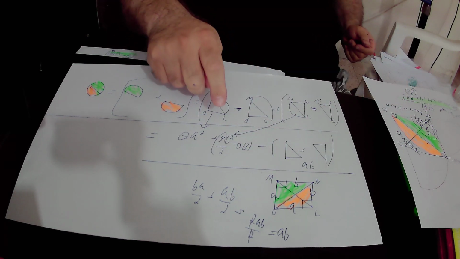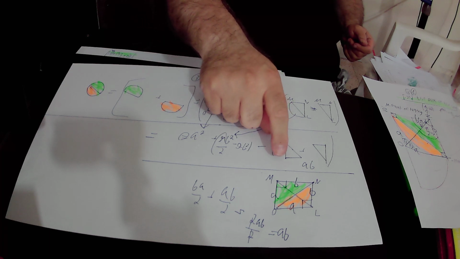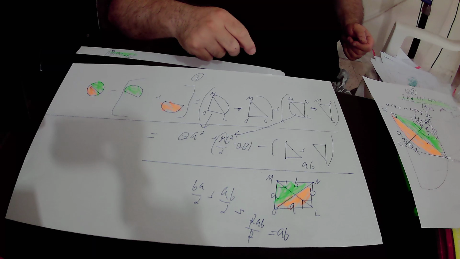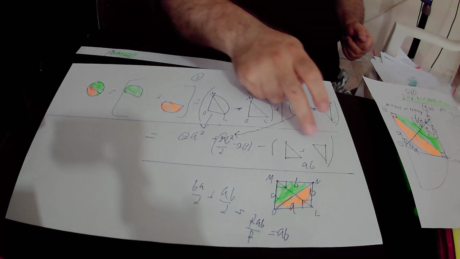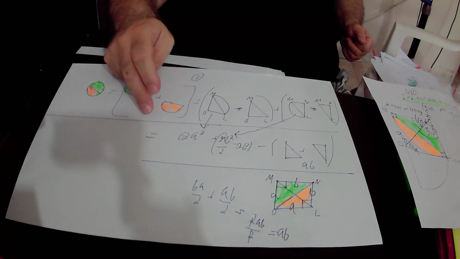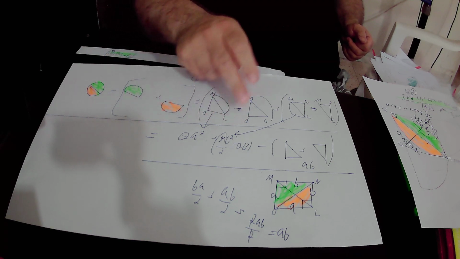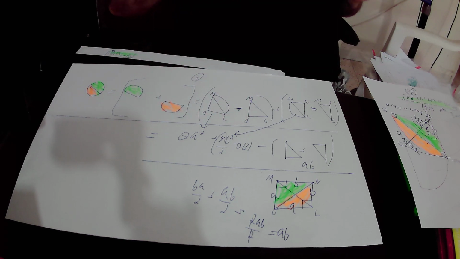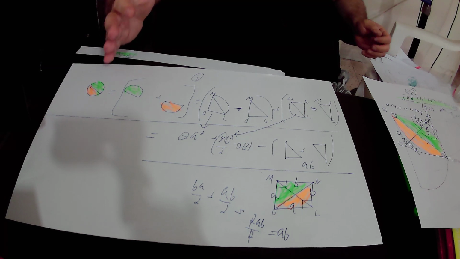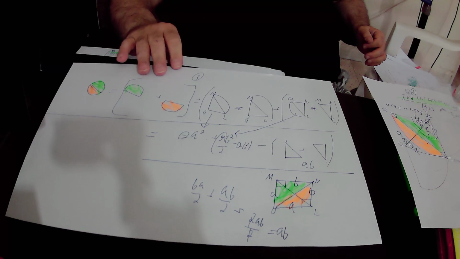We found out that the sum of the areas of those two right triangles equals AB. So we subtracted AB, that is the sum of the areas of those two triangles, from the sum of the areas of the two sectors. In this way, we found out a general formula that is the area of this lens that could be any lens.